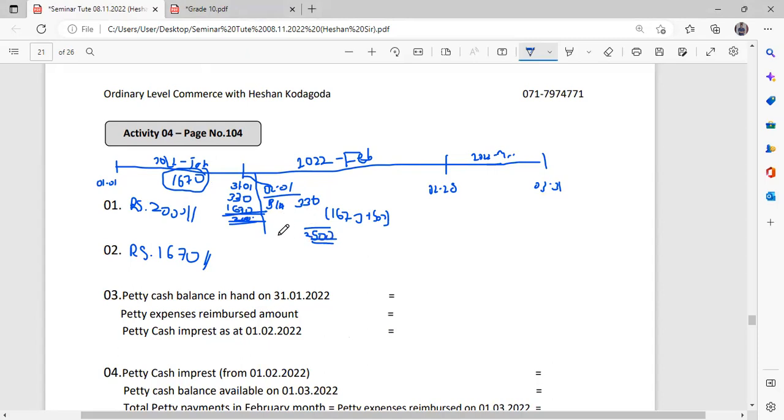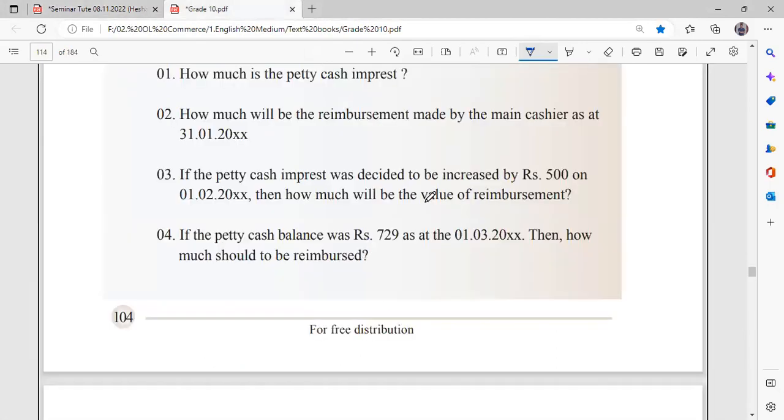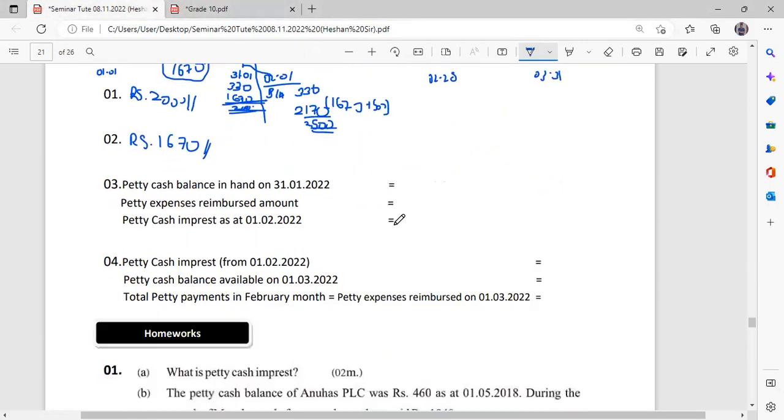This is the petty cash imprest from February 1st. Now the main cashier needs to reimburse 1,670 plus 500, which means 2,170 altogether, right? Altogether to the petty cashier, right? So as petty cash reimbursement.